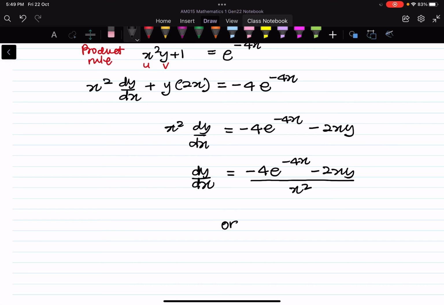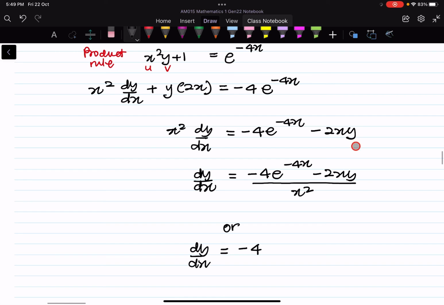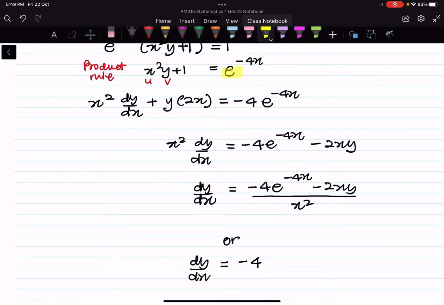Or you may write down dy/dx equals negative 4, if you notice that e^(negative 4x) is x squared y plus 1.